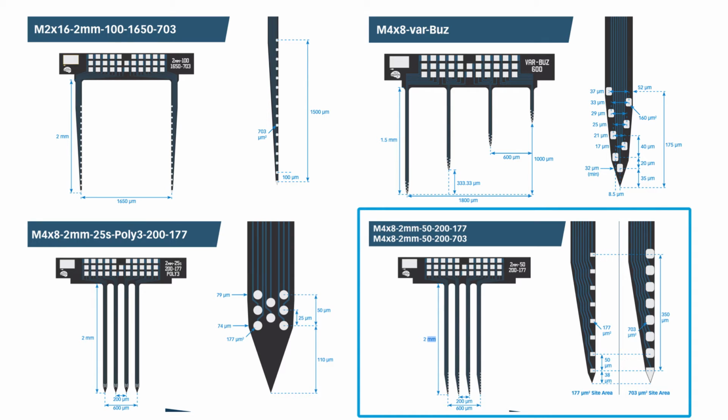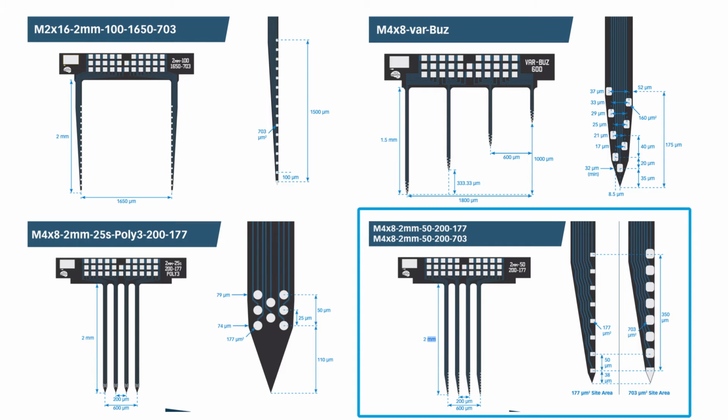Small sites, large sites. One of the things that people often associate with signal quality is the impedance of the electrode, and it's been a sort of naming scheme, or I don't know what the right word is, but a reference people have used since single channel microelectrodes.